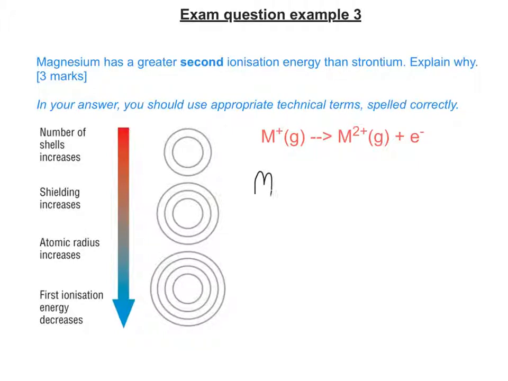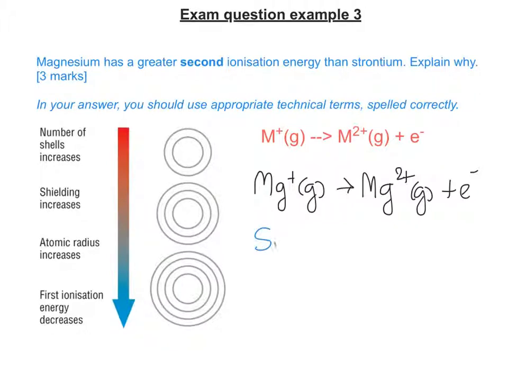So Mg+ goes to Mg2+, and the same thing happens with strontium.